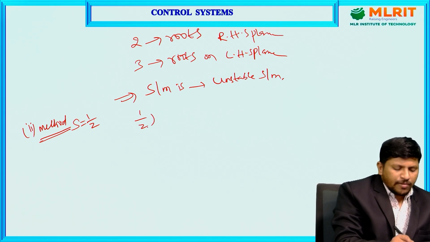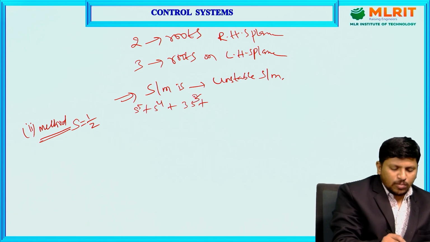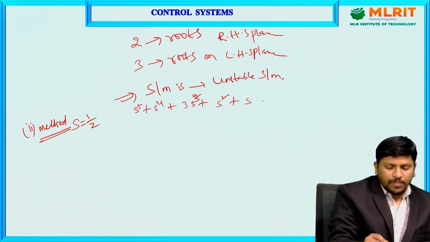First write the equation here: S power of 5 plus S power of 4 plus 2S cube plus 2S square plus 3S plus 5.